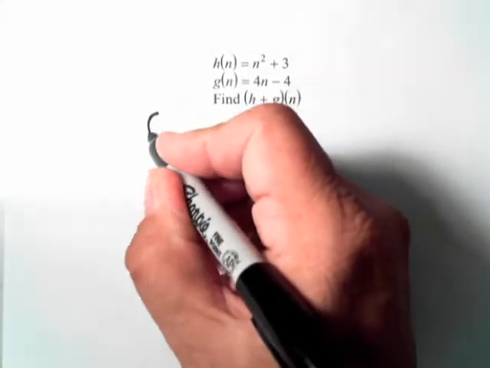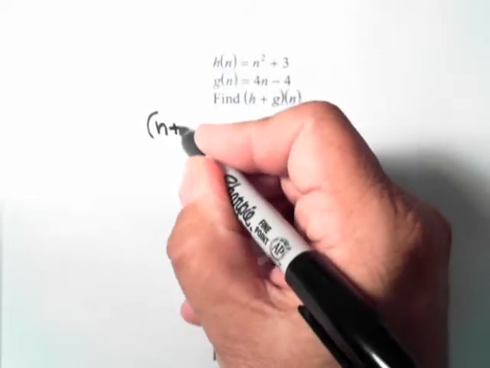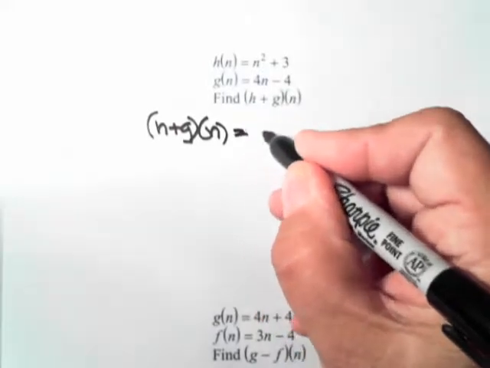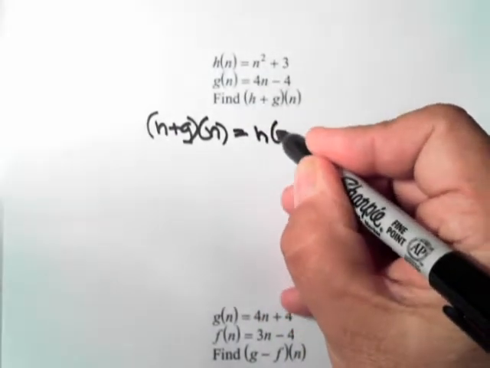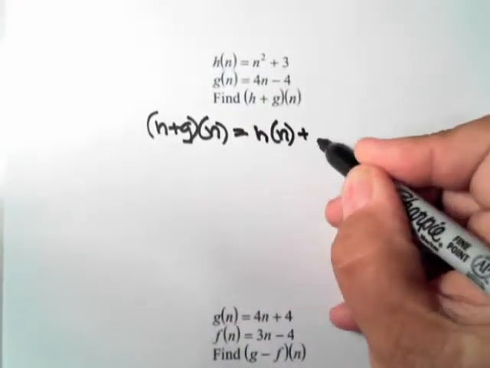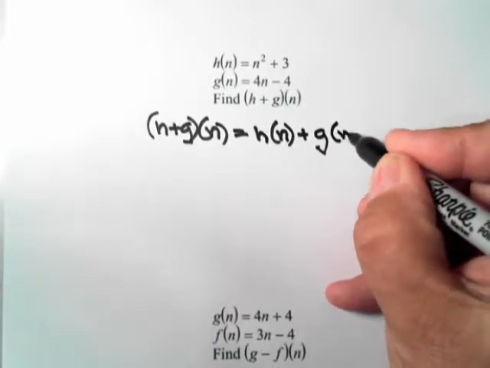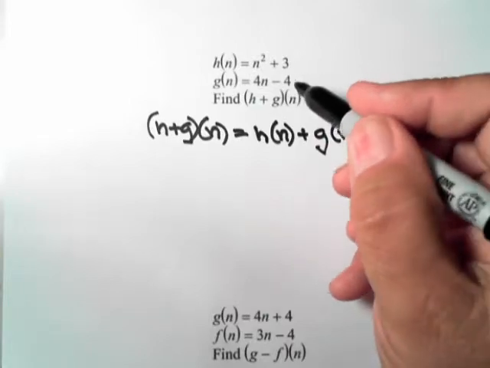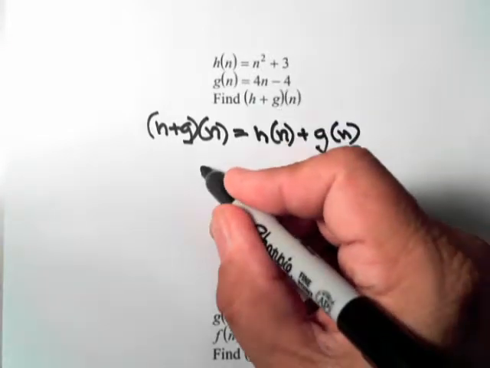And so the first thing we do is remind ourselves h plus g of n equals h of n plus g of n. Okay, now what we simply do then is plug both of these guys in.